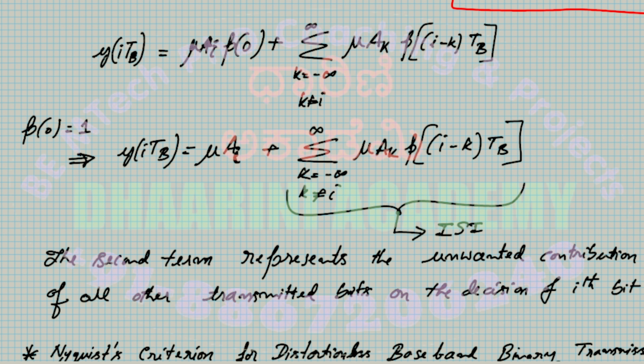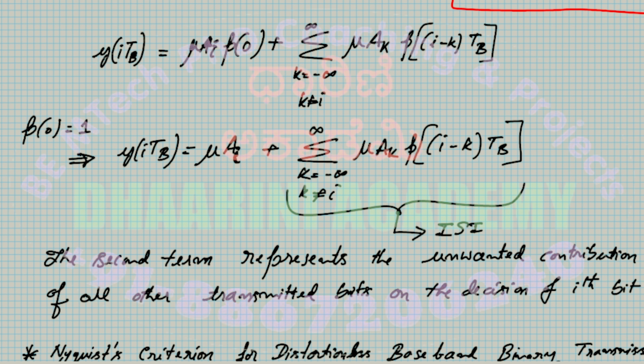So the ith received sample should be the ith transmitted sample. That's what is true here. Mu into that because it gets scaled down by a factor mu, right? So the received sample is equal to the first term, that is the sent symbol itself, the amplitude of the sent symbol, but scaled down by a factor mu. That's fine for us. I'm receiving whatever I am sending.